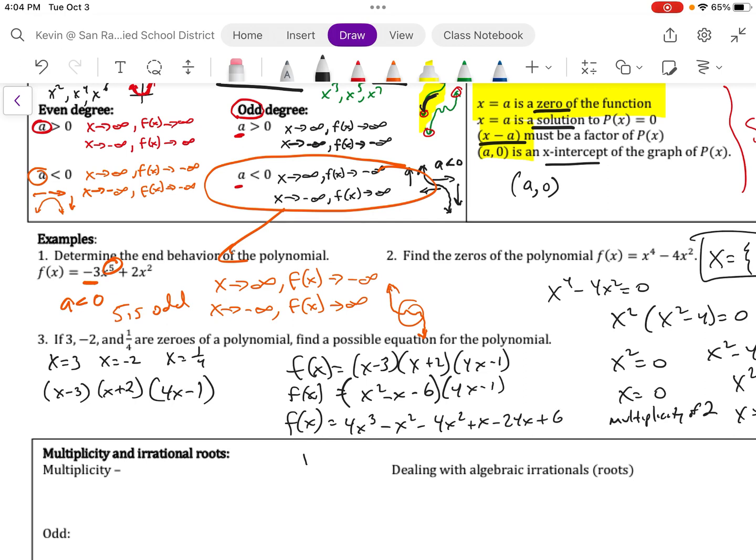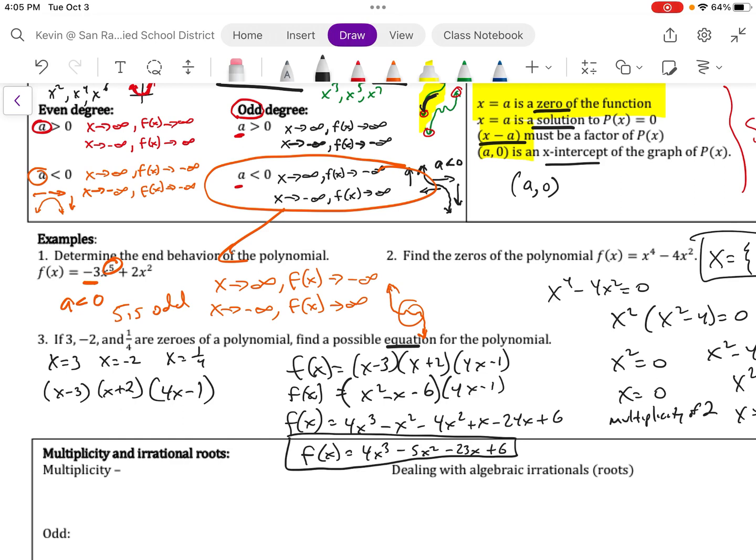Now I'm going to simplify, or consolidate, everything. 4x cubed, negative x squared minus 4x squared is negative 5x squared. And then x minus 24x is minus 23x, and then plus 6. So that is a possible equation.